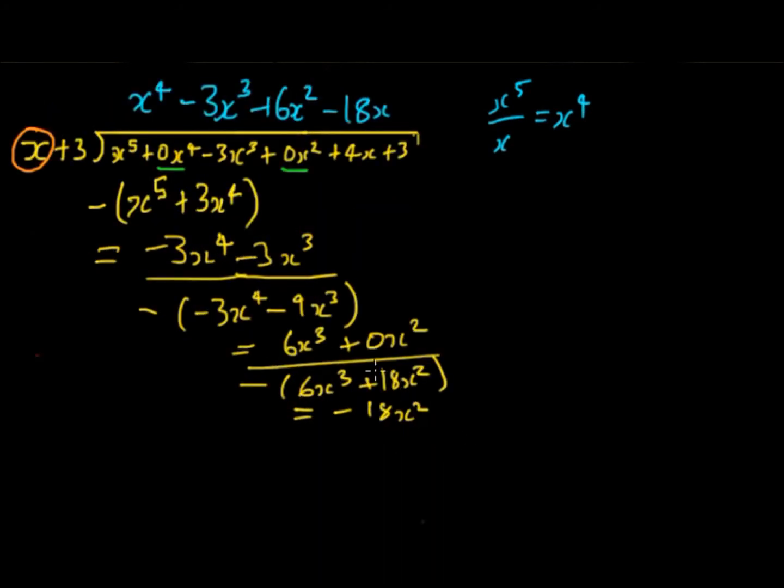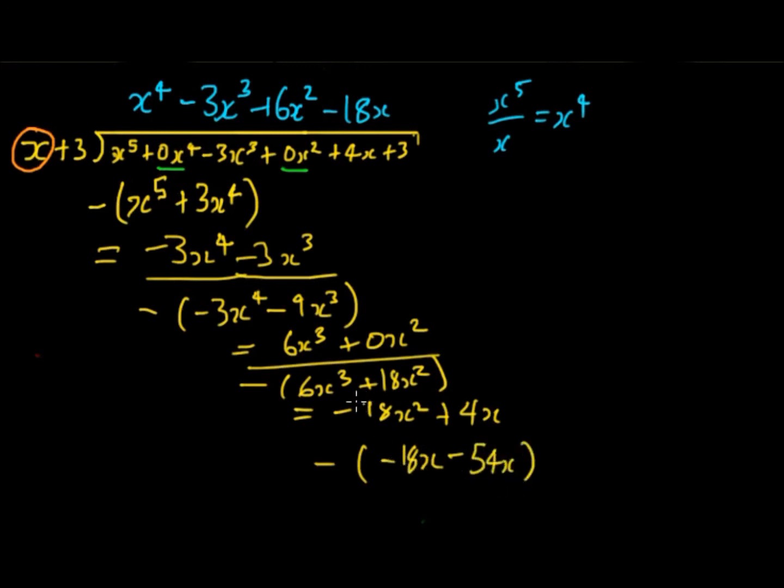Continuing the calculation, we have negative 18x squared, then that turns into negative 18x plus 4x, so we're bringing that term down, minusing that from negative 18x, minus 18 times 3, so that's 54, 4x.